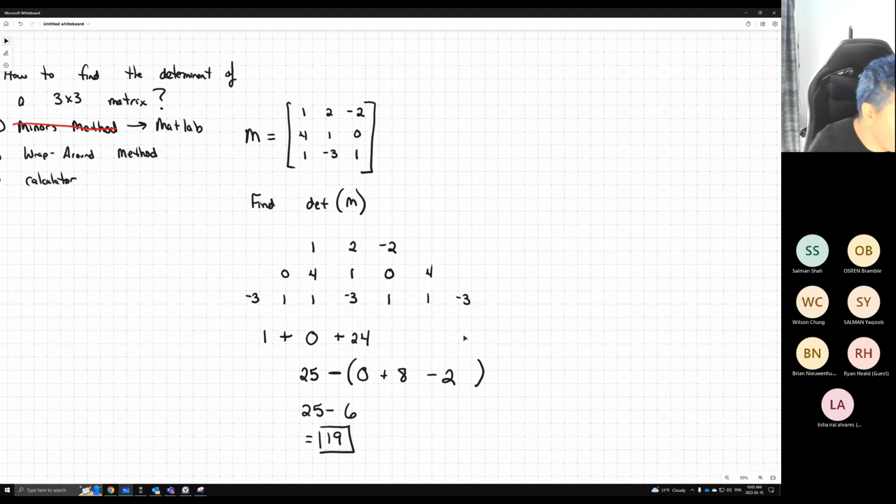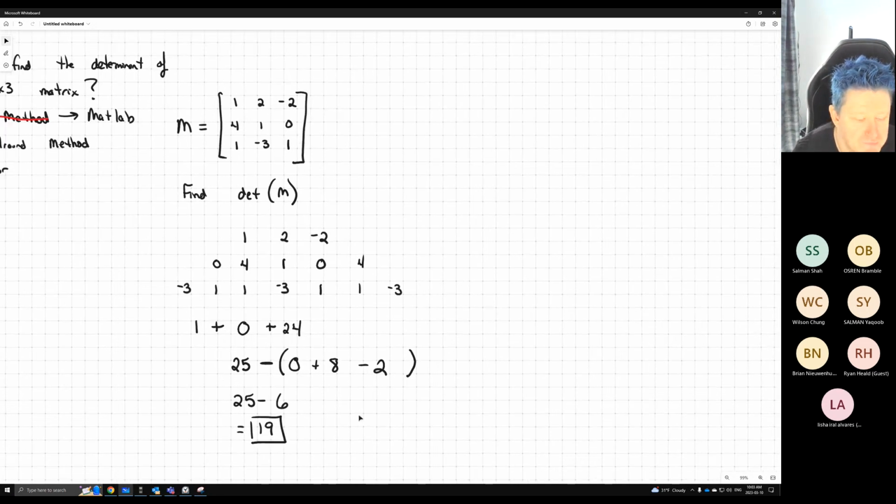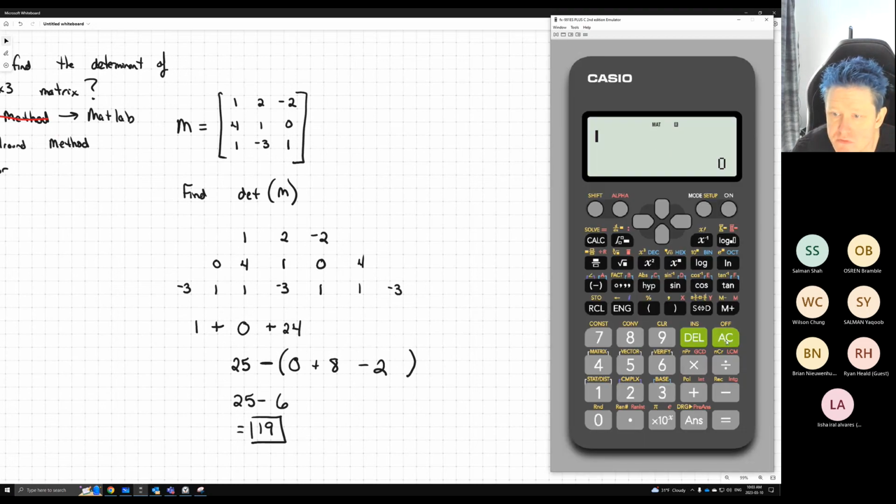Let's check this with the calculator. So that way you're seeing the calculator method with the wraparound method. Okay, let's use the calculator to check this. Let's go into the mode. We're going to use the matrix button. So number 6.